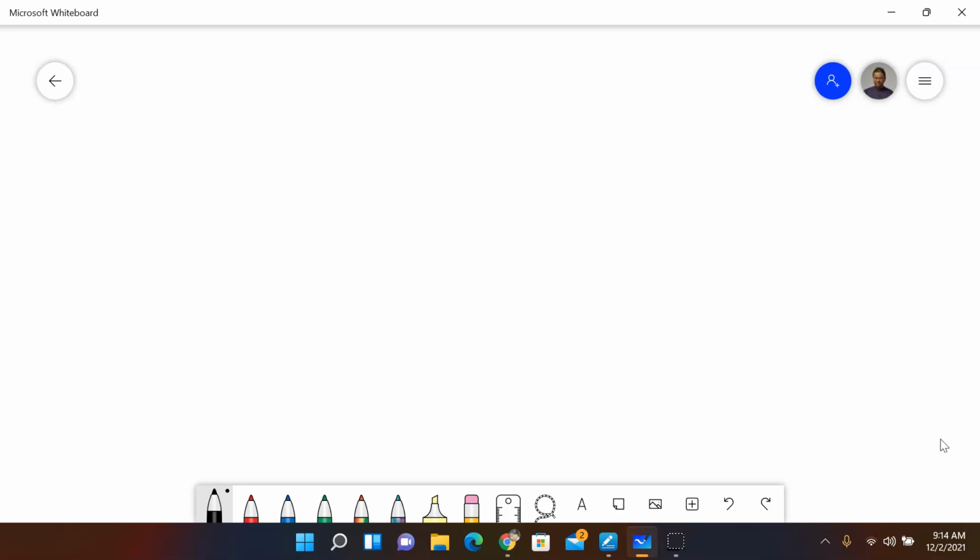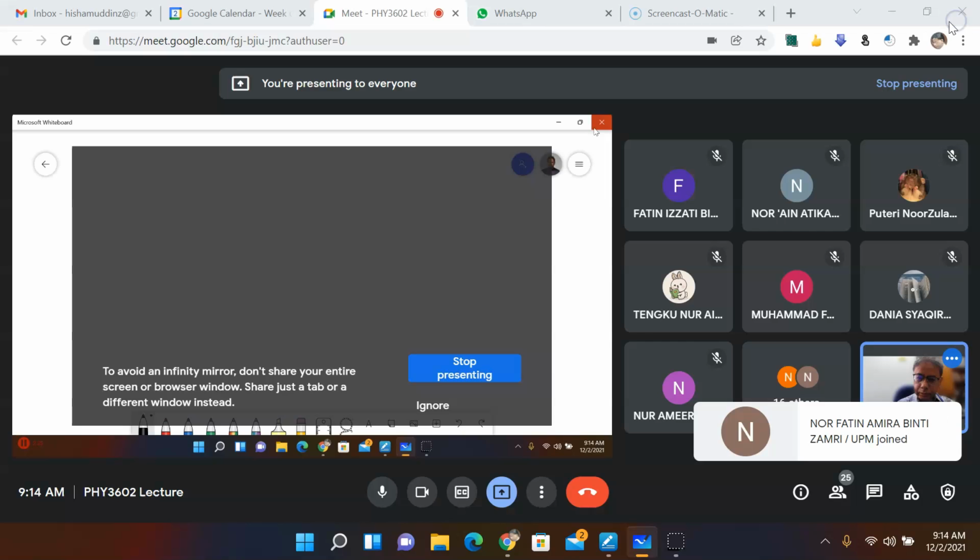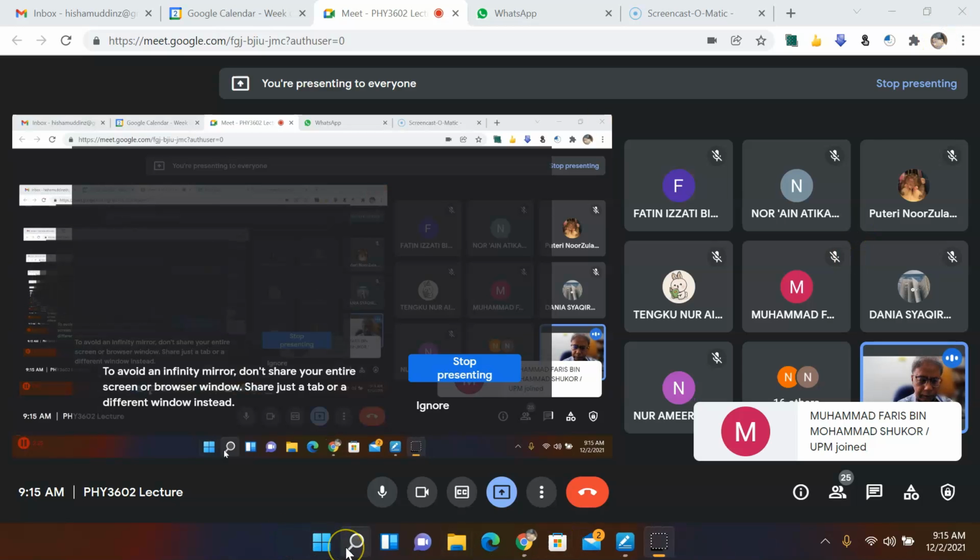I've not connected my tab. Just give me a minute. If this works. Okay, I have to close my application first and then restart.